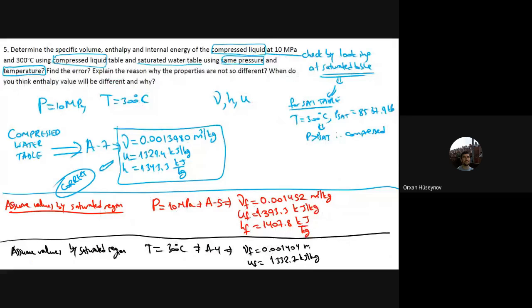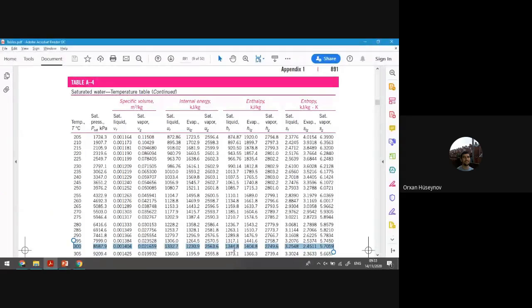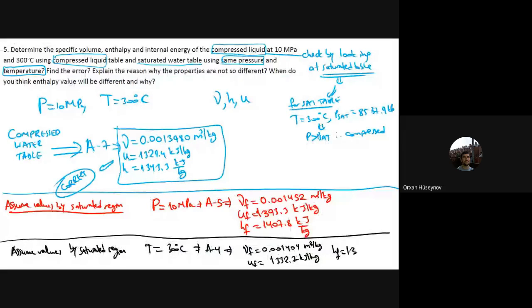And this one is meter cubes per kilogram. And then HF value, which is the last one, which is 1344.8 kilojoules per kilogram. Now you can compare the values. Okay, I finished this part.